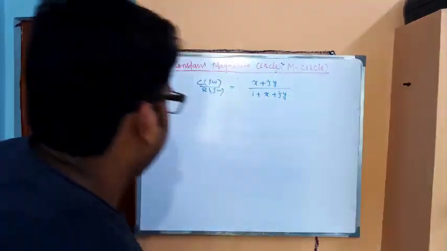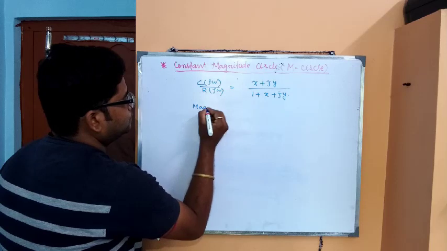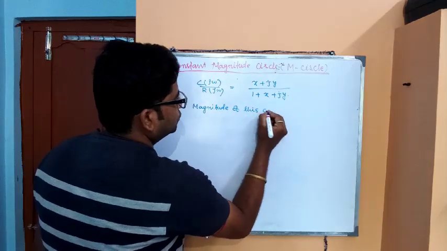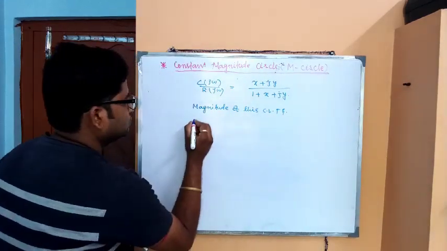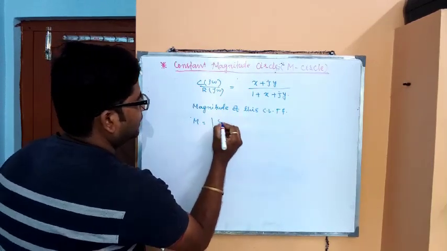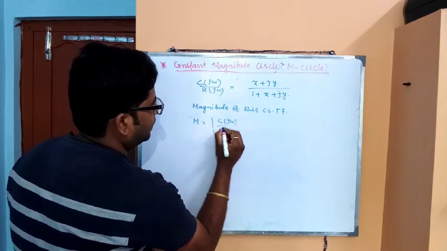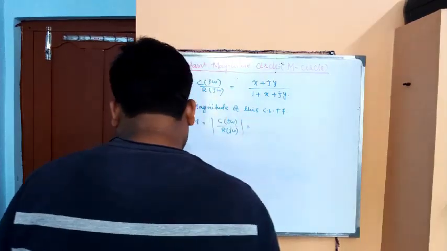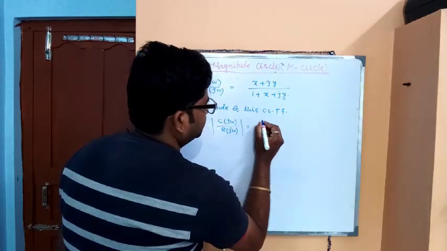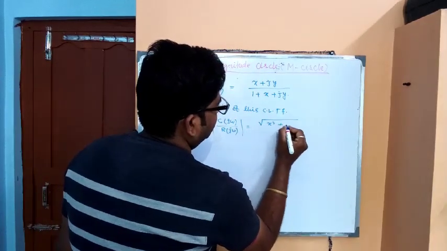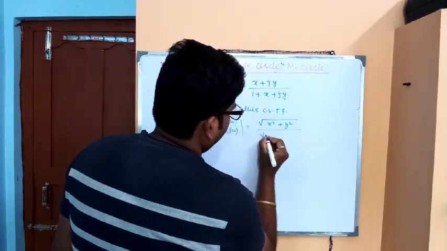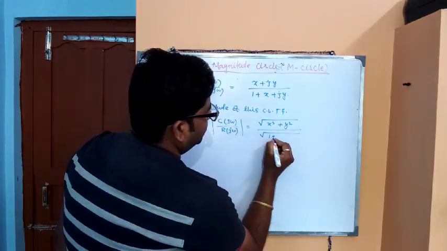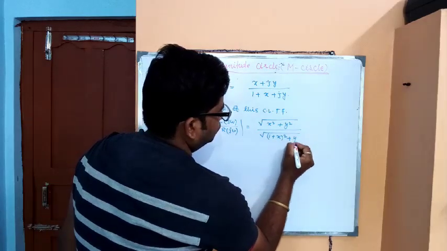Now the magnitude of this closed loop transfer function, M is equal to the magnitude of C of j omega by R of j omega, is equal to root of x square plus y square divided by root of 1 plus x whole square plus y square.